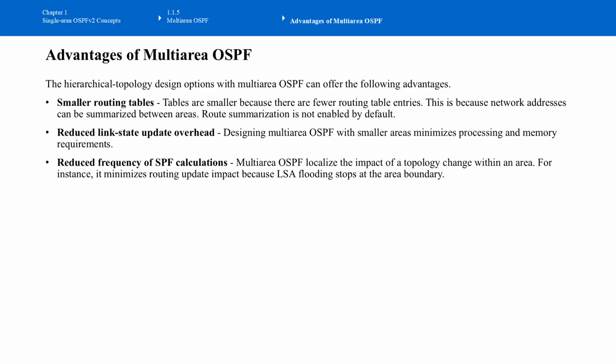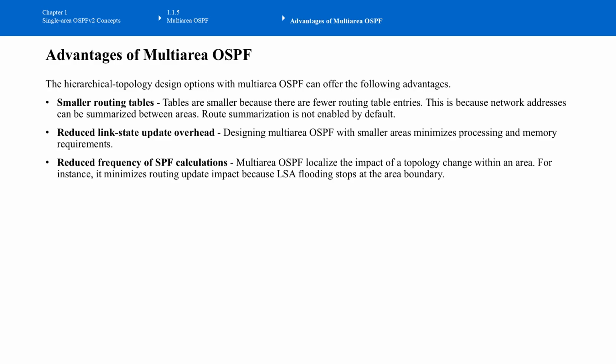The hierarchical topology design options with multi-area OSPF can offer the following advantages. The first one is a smaller routing table. Tables are much smaller because there are fewer routing table entries. This is because network addresses can be summarized between areas. Route summarization is not enabled by default. Also, that reduces the link state update overhead.